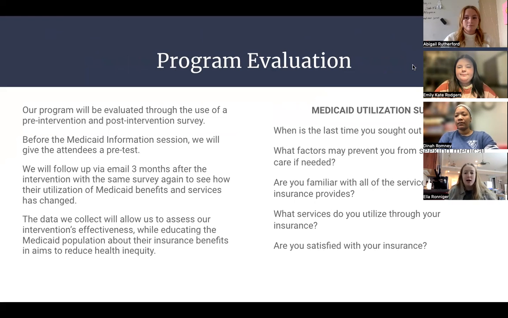And then how we are going to evaluate this program. Our program is going to be evaluated through the use of a pre-intervention and then a post-intervention survey.